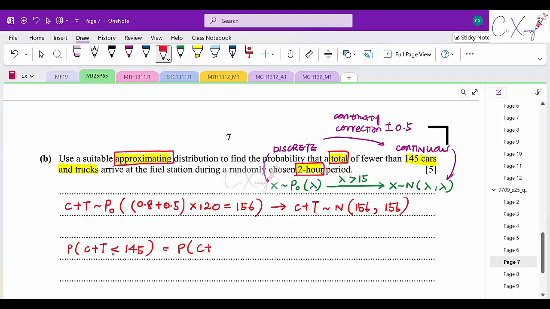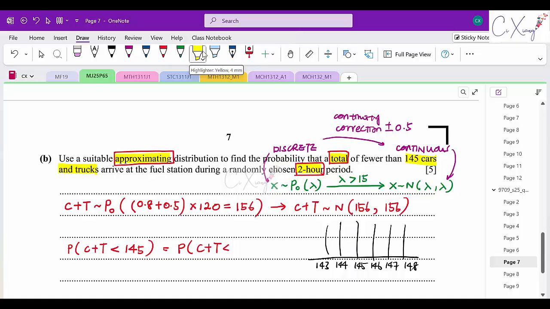When I want to make it normal, I have to do the continuity correction adjustment. All right. Okay. Then how to do the continuity correction adjustment? You try to draw a few numbers here, a number line. Okay, I'm having 143, 144, 145, and so on. When they say less than 145 in a Poisson distribution, it means 145 is not included. So when you calculate the probability, you are starting from 144, then go down to 143 and so on.